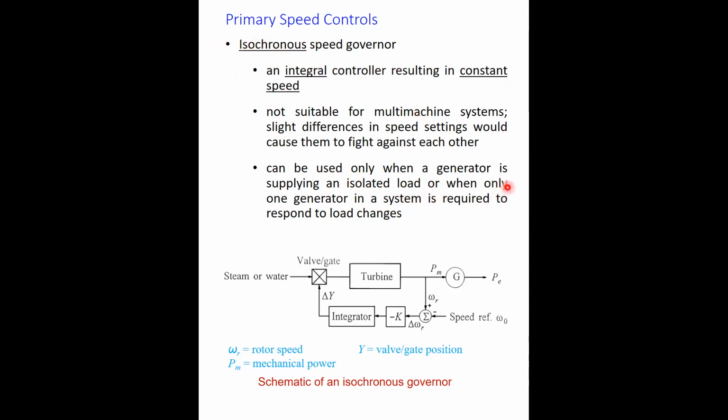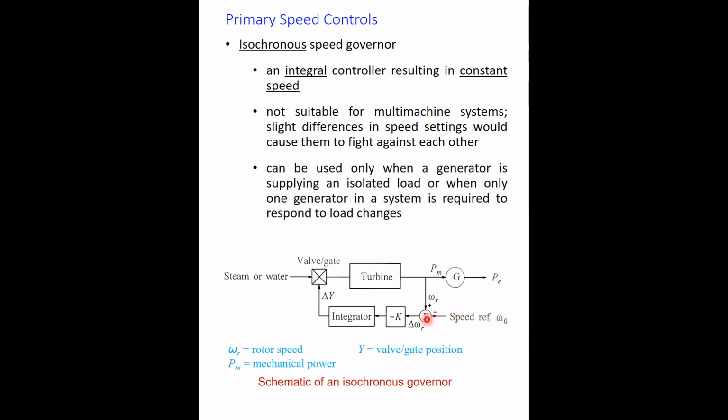In this case, you have one generator in the system which will be required to regulate the frequency against the load disturbance. For the isochronous governor, you have the generator coupled to the turbine, then the measurement of speed and the comparator.